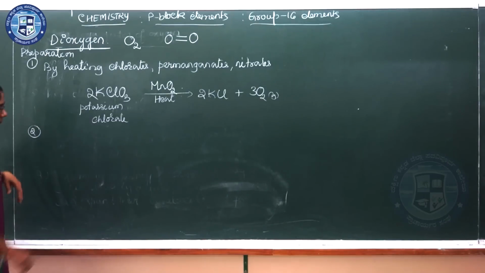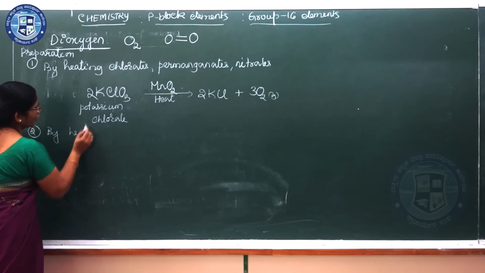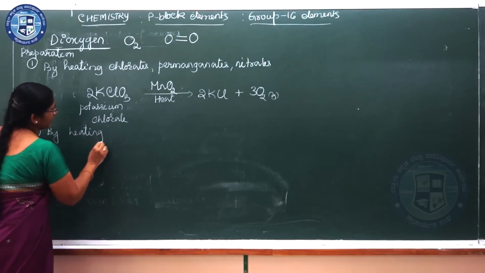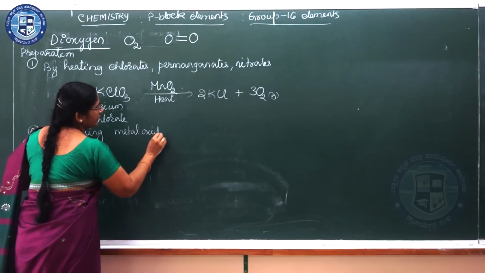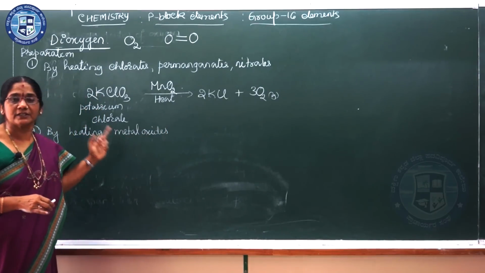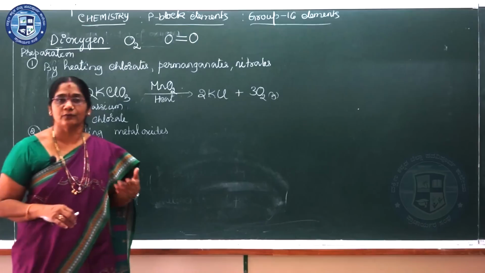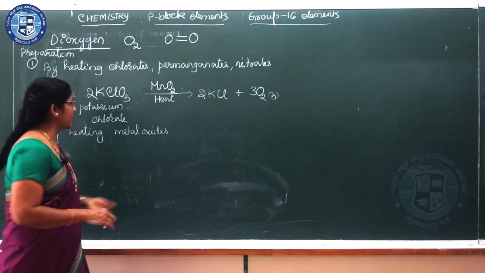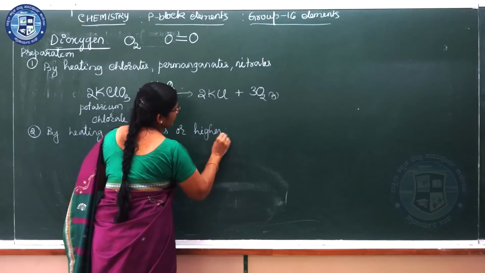So the second method, by heating or decomposition of certain metal oxides, and these metal oxides in which the metals have highly positive standard reduction potential, for example silver, mercury, etc., or higher oxides of certain metals.